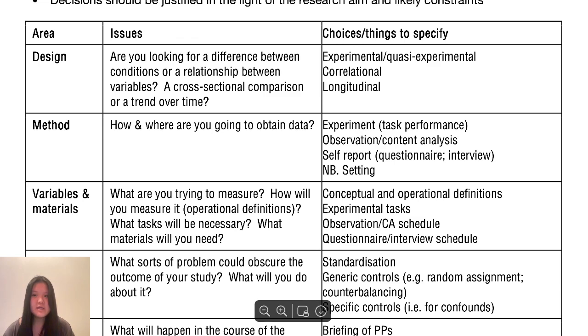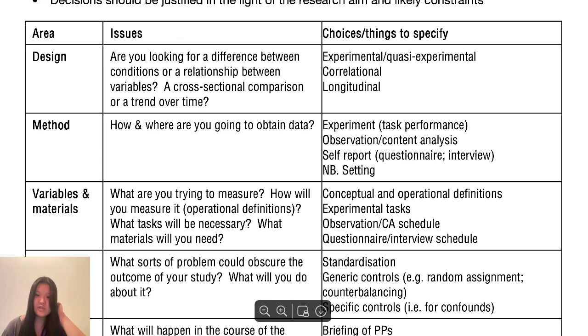When you're writing down notes, it's easiest to draw a table. The first column will be area, the second will be issues, and the third will be choices or things to specify. For the area, we're now discussing design, so it's just design.